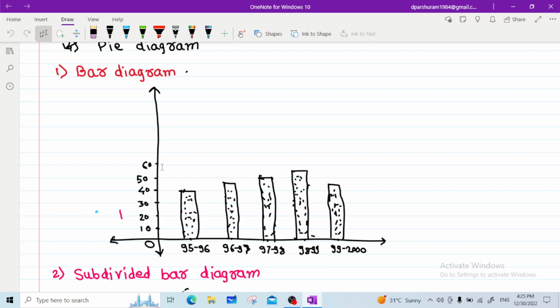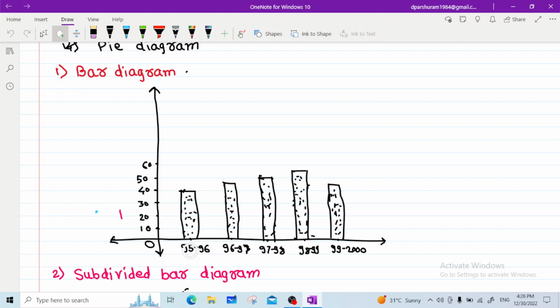In this problem, we are given some years and their respective production in million tons. For 95 to 96, there is 40 production in million tons. We put the values of year on the x-axis: 95 to 96, 96 to 97, up to 99 to 2000, and their production.